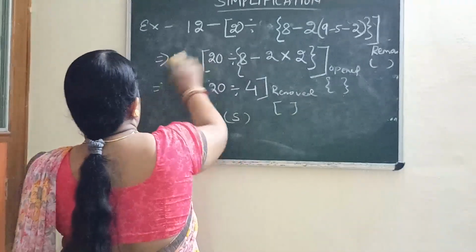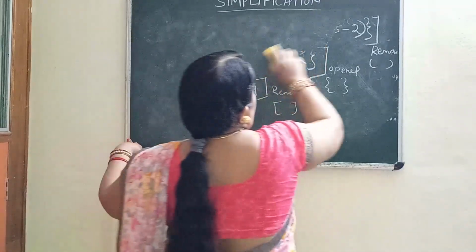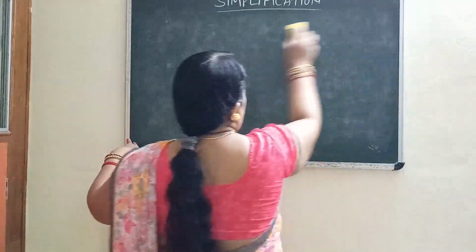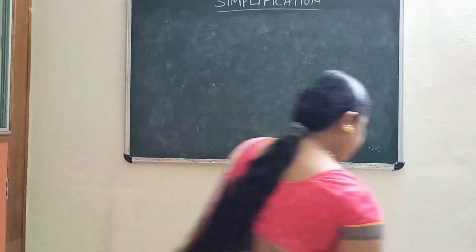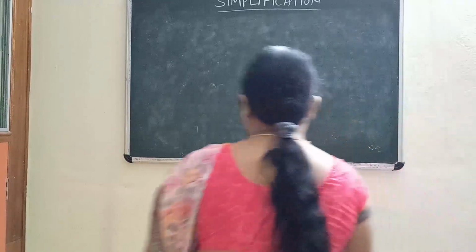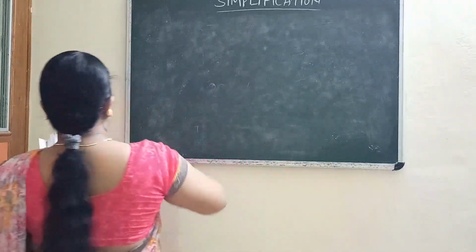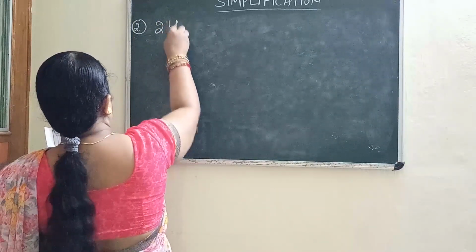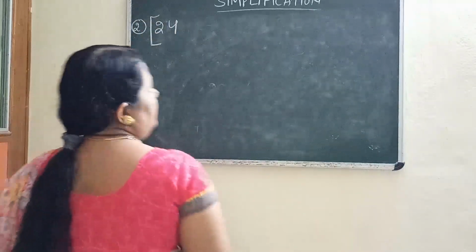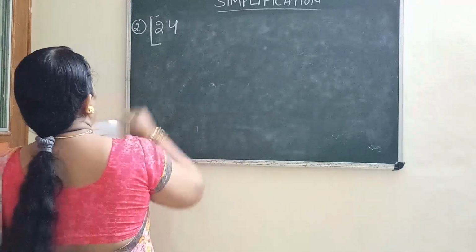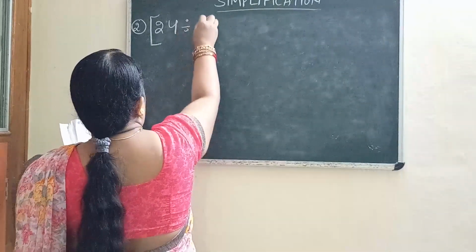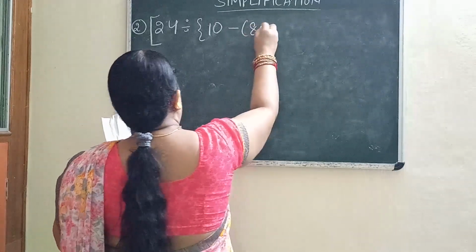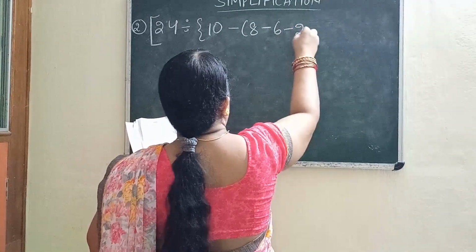I am showing one more example. I hope you all will understand. Another example I am showing. Number 2 example: 24 divided by 10 minus 8 minus 6 minus 2.